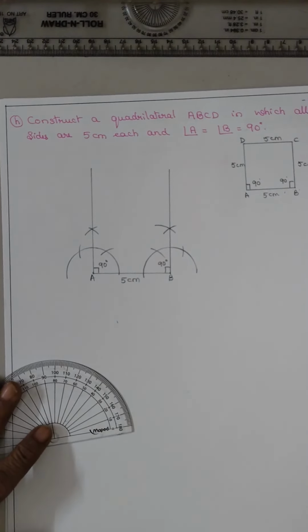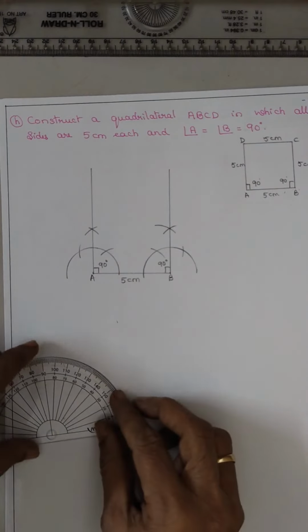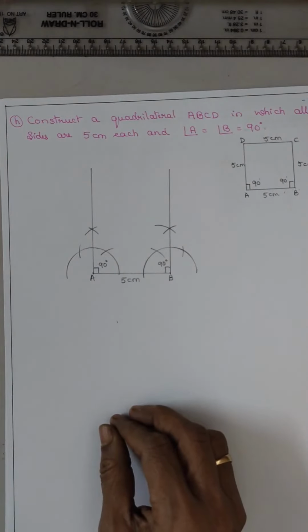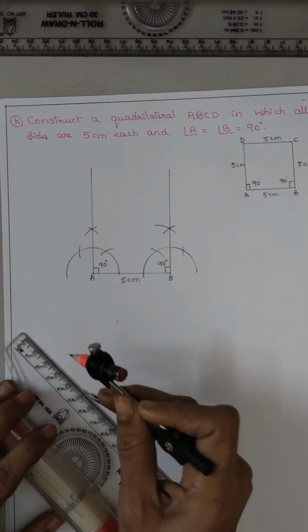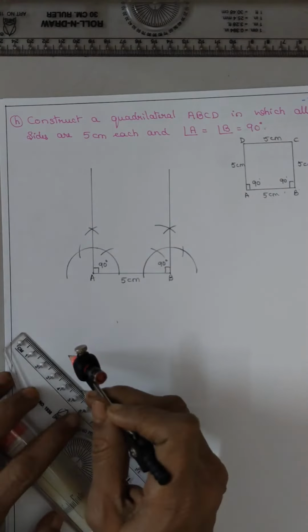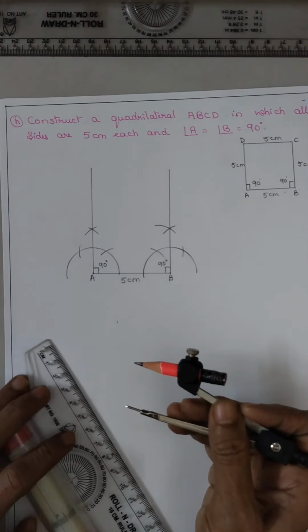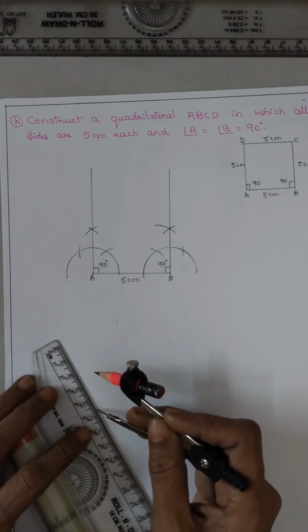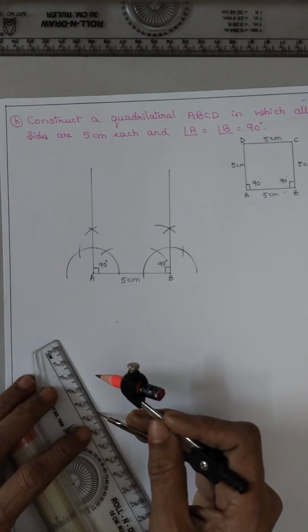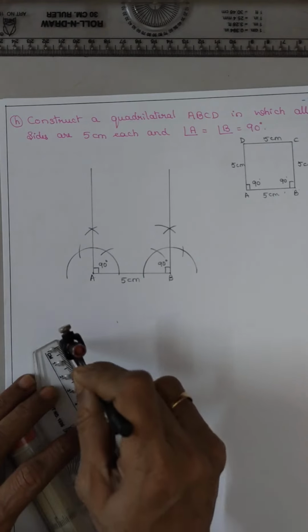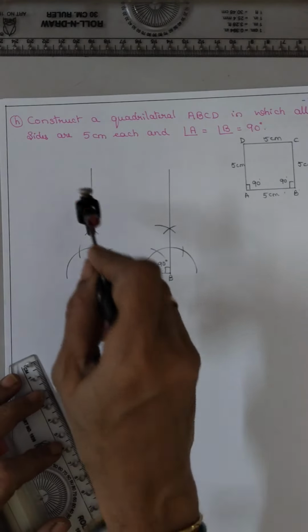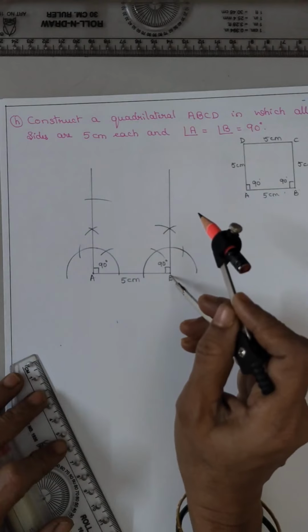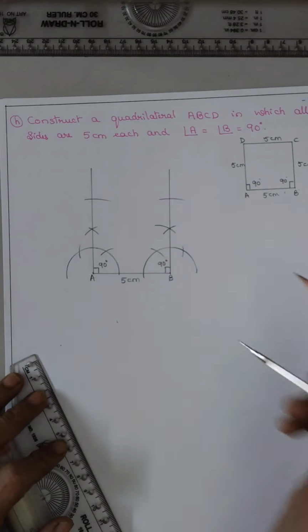Now 5 centimeter. If you don't draw the 90 degree, you can't get that, isn't it? Five centimeter. On both these lines, cut the 5 centimeter.